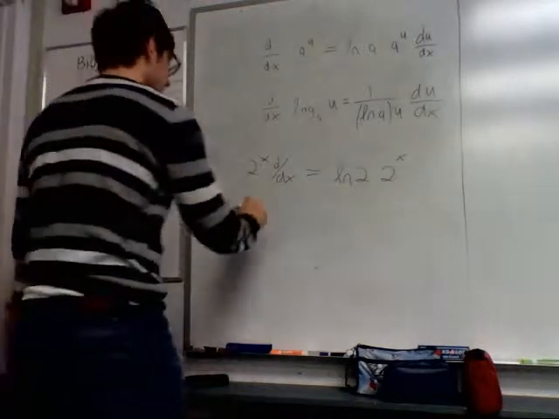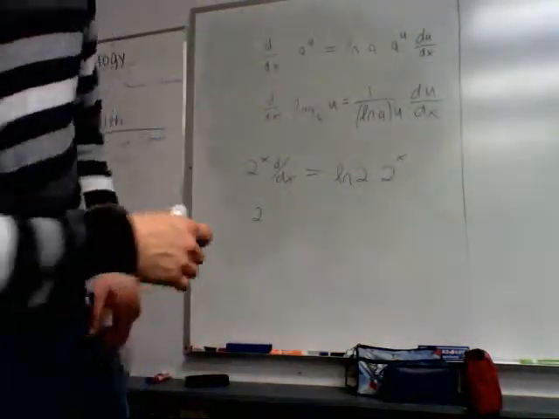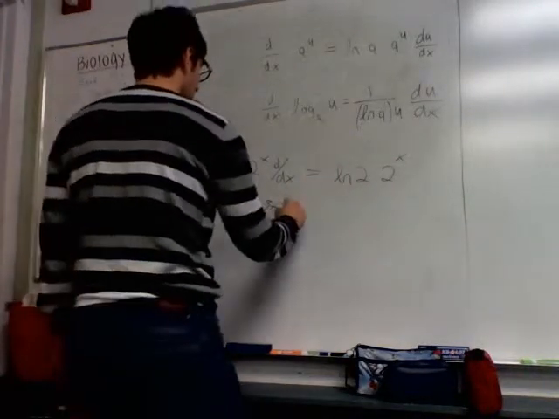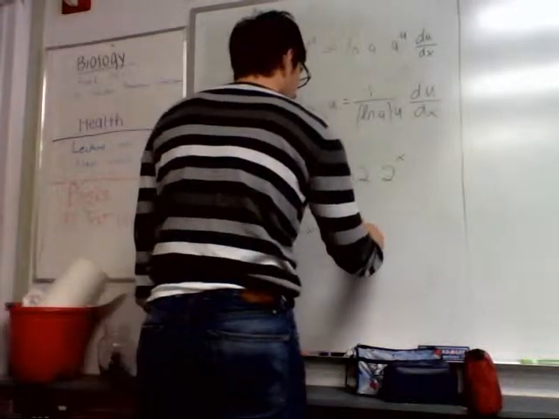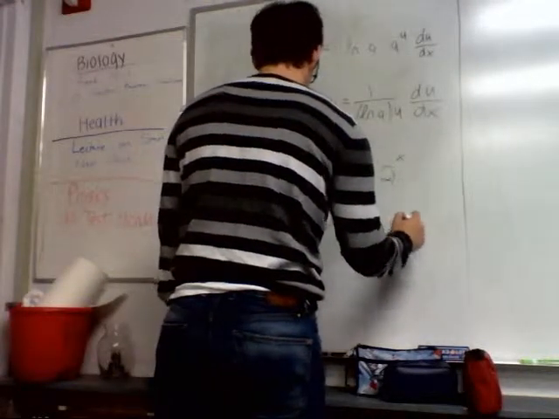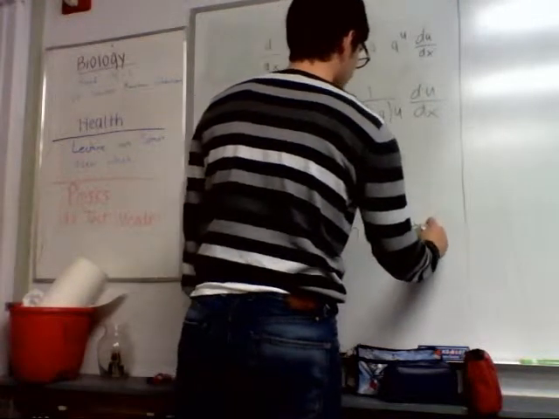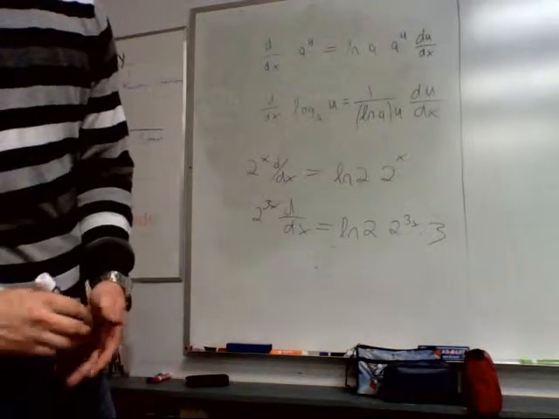Okay, let's do 2 to the 3x, a little more complicated. We get ln 2 times 2 to the 3x times 3, since we evaluate the u. That's not hard either.